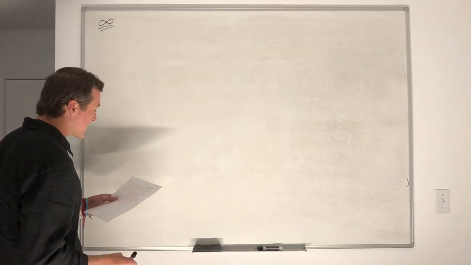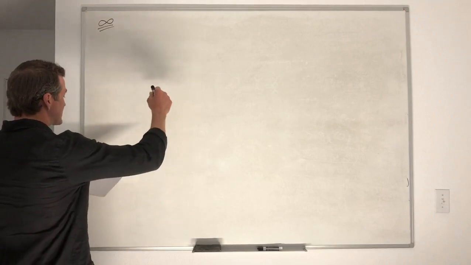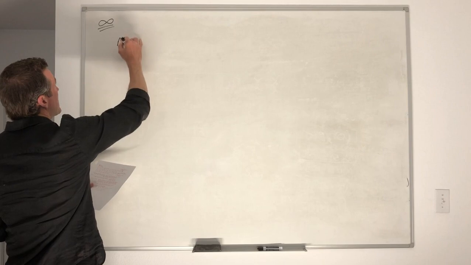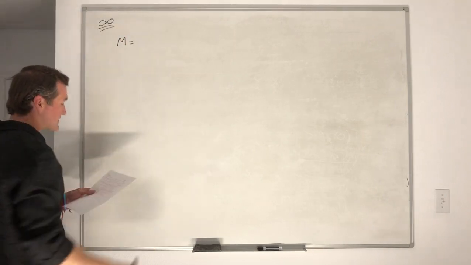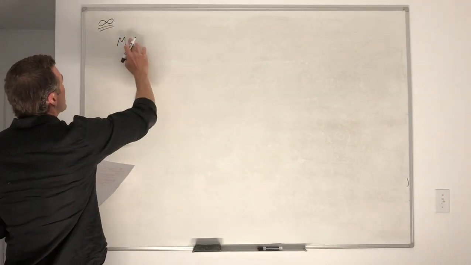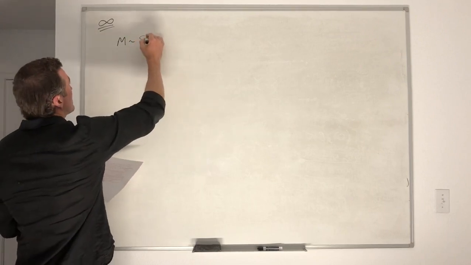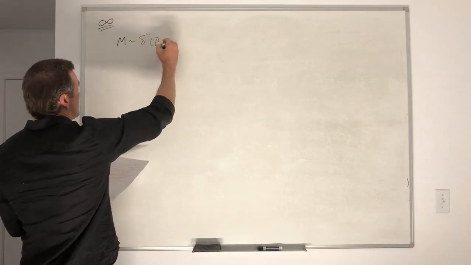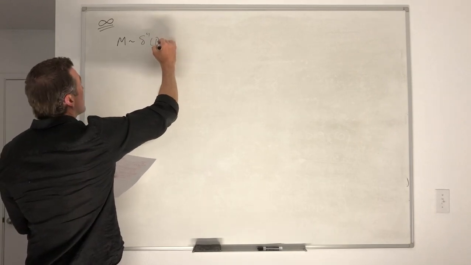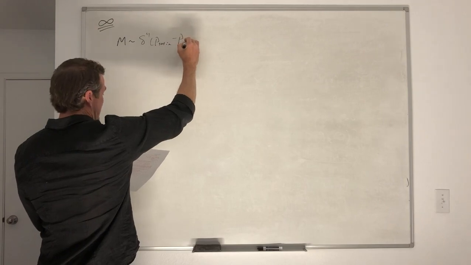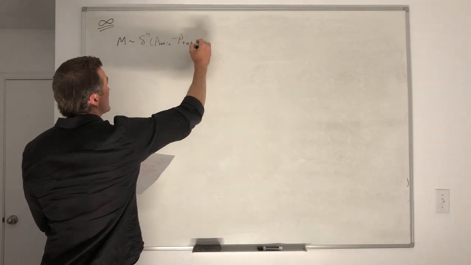So one of the things that we've realized is that in calculating the amplitude M for a process, typically the way that the amplitude M goes is that there's an overall delta function, which is what's governing the external momentum.